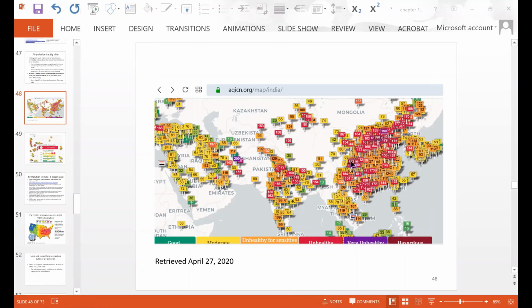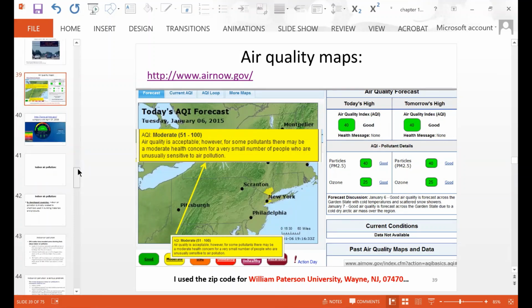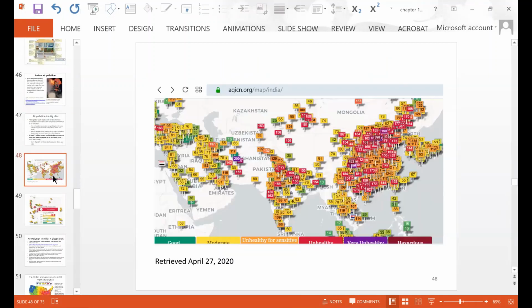And you could see areas like here, it says 453. So that's very high. And if we look back to the numbers we had in Wayne, let's say 40 was our air quality index. So the scale, right? Because 100, 150, right? So if we're talking about in the 400s, that's pretty hazardous.